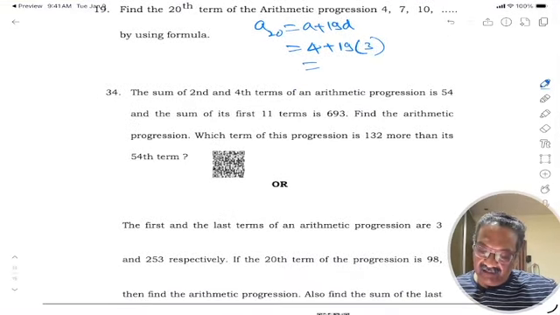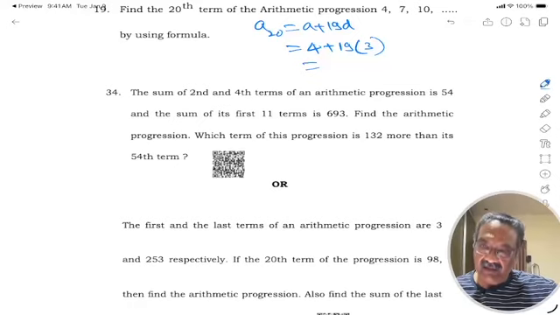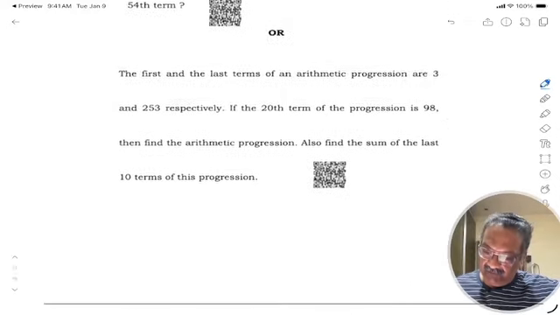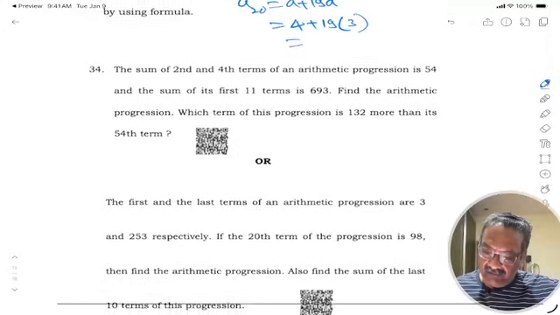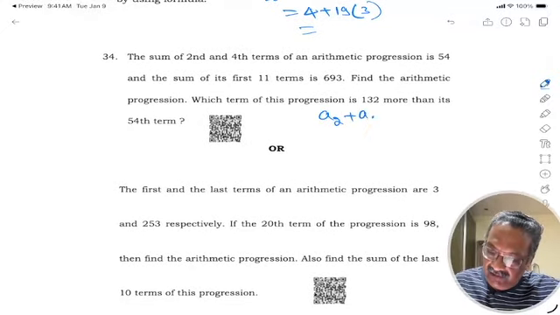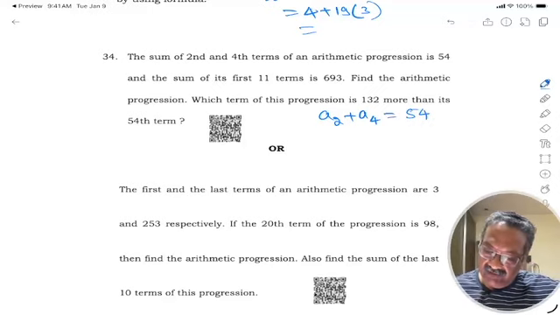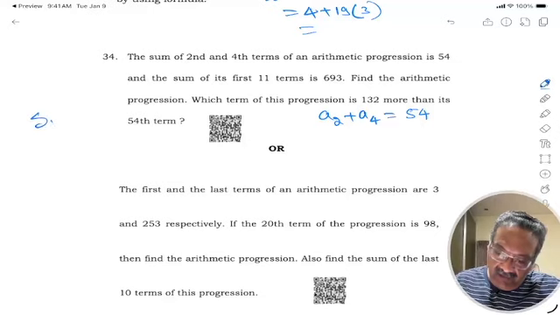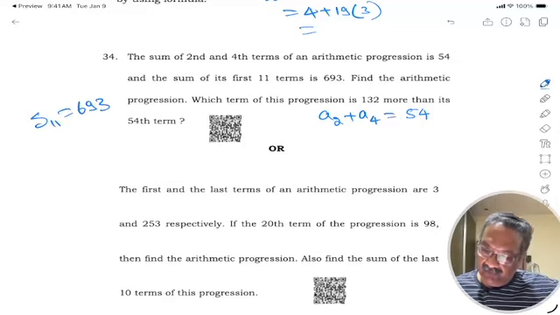The sum of second and fourth term of an AP is 54. Okay, we will solve this. Sum of second and fourth term, that is A2 plus A4, is equal to 54. And the sum of first 11 terms, S11, is 693. So find the AP.